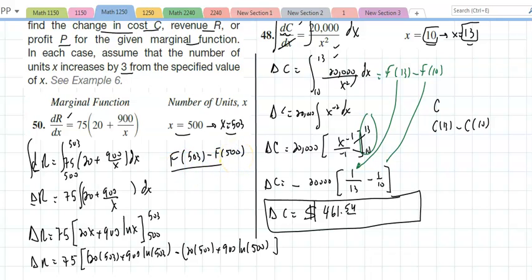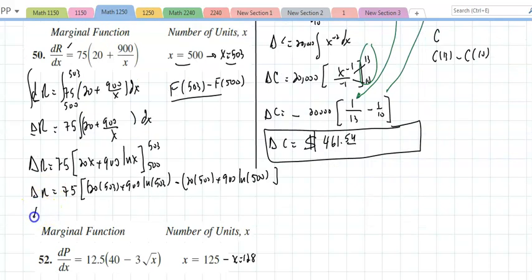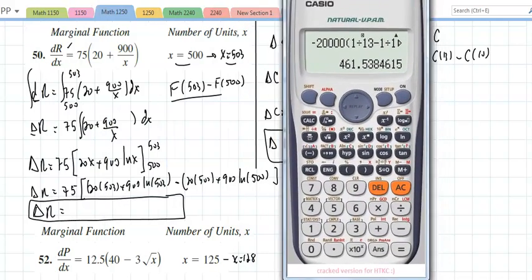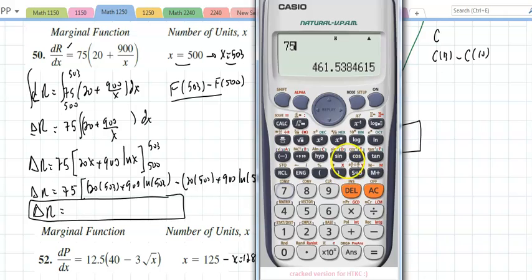And if I plug this in my calculator, I'll get my answer, the total change in revenue. We would like 75 parentheses 20 times 503 plus 900 times natural log of 503.